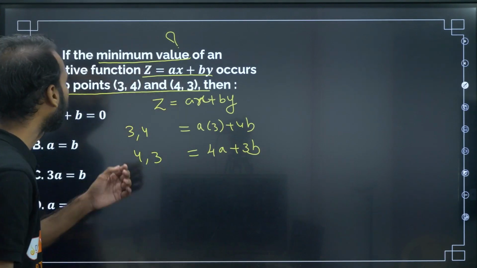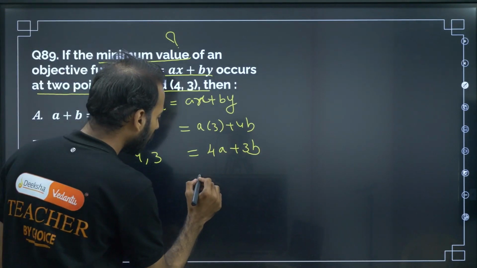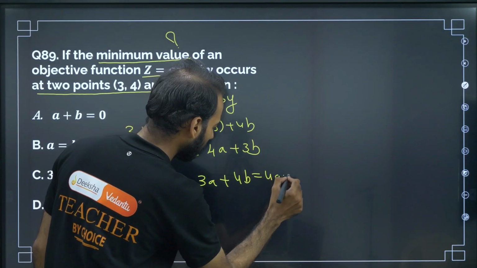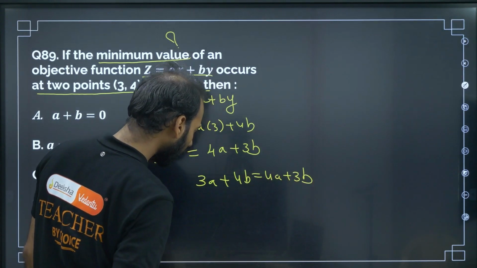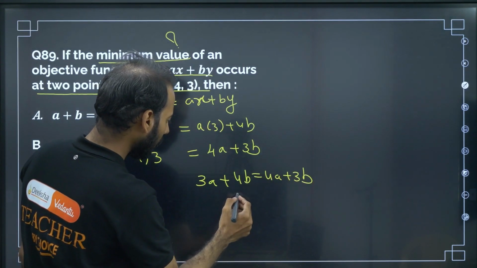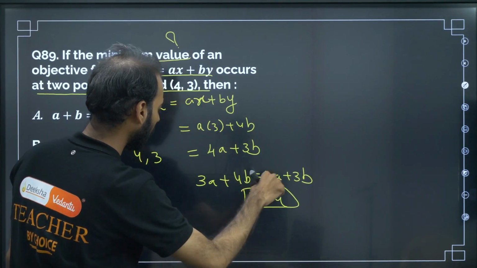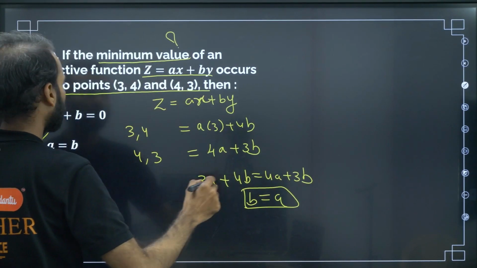They are saying minimum value occurs at 2 points. So 3a plus 4b is equal to 4a plus 3b. That means if I transpose this here, just addition subtraction, b is equal to a. Moving on to next question.